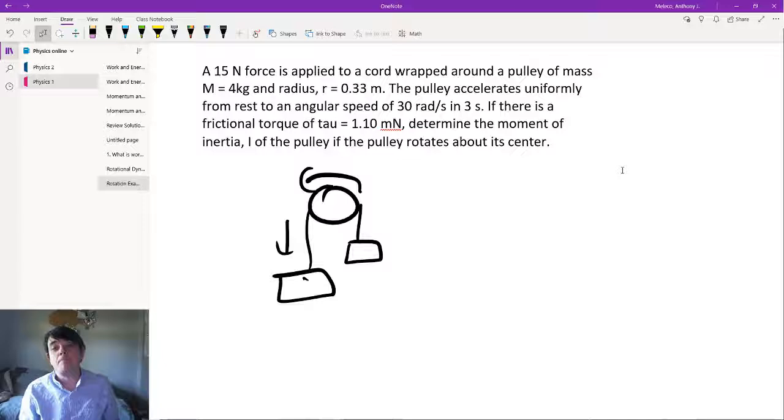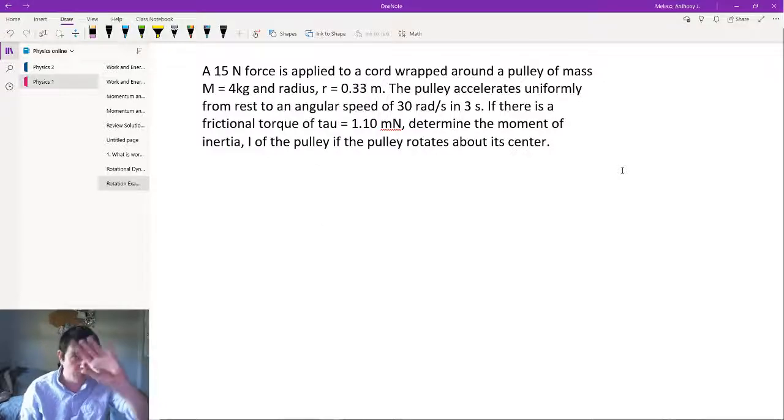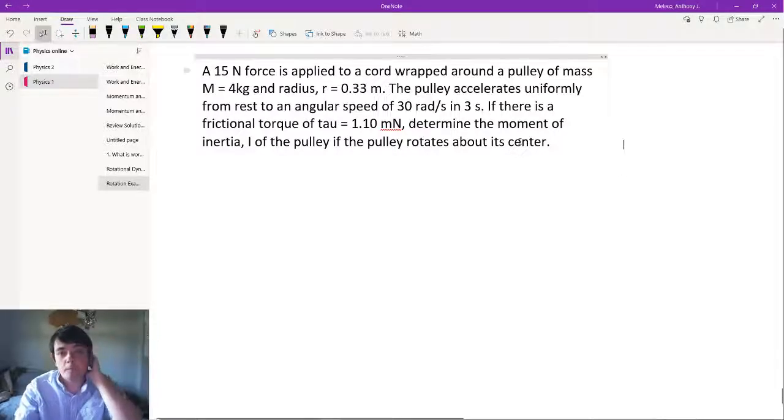Before, we had a massless pulley, so when we were summing the forces, it wasn't a big deal. But now, if we give this pulley mass, we have to account for the torque, and that influences the angular acceleration of the pulley. So it's got acceleration now, which influences the acceleration of the objects themselves. That's what this problem is going to be about.